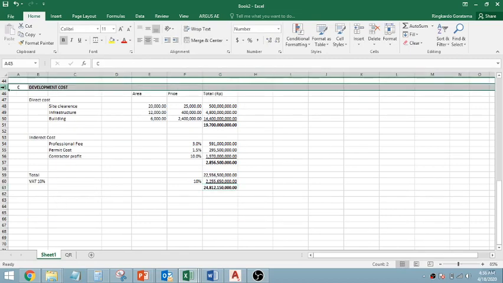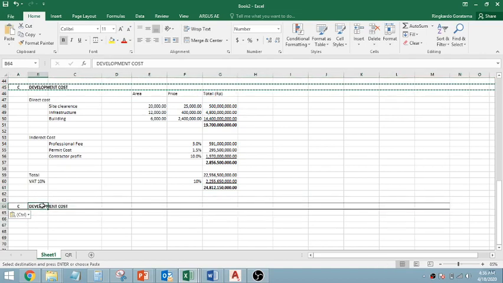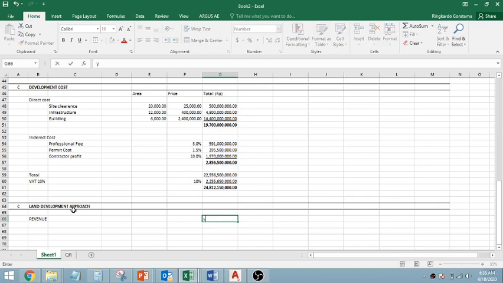Now is to calculate the land value using the land development approach. So the revenue, let's say it will take 3 years to finish the project.